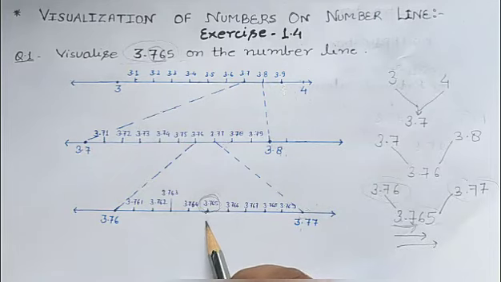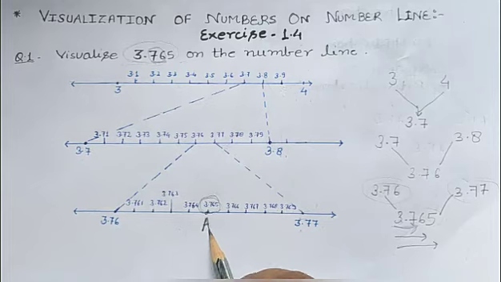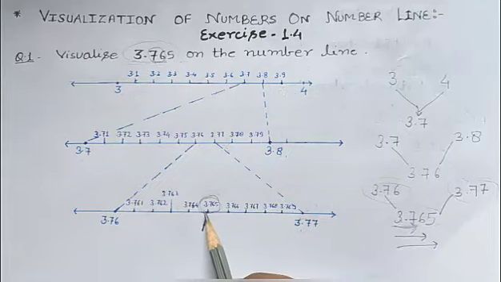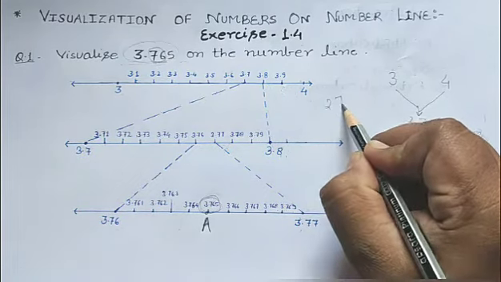So you can encircle this number, show it by any letter, and later in the answer you will write that A is representing the number 3.765. So step by step, easily we can reach any kind of terminating decimal or non-terminating but repeating decimal. Suppose a number is 2.7 bar.